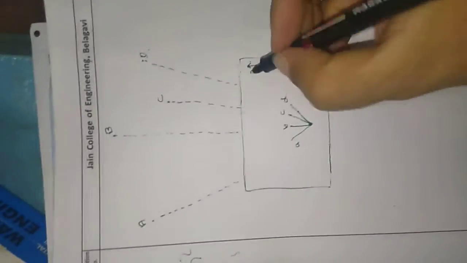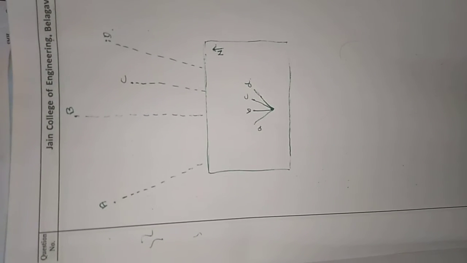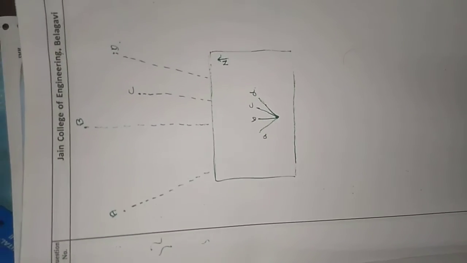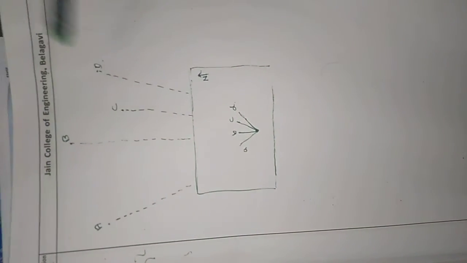Here this N represents the magnetic north.